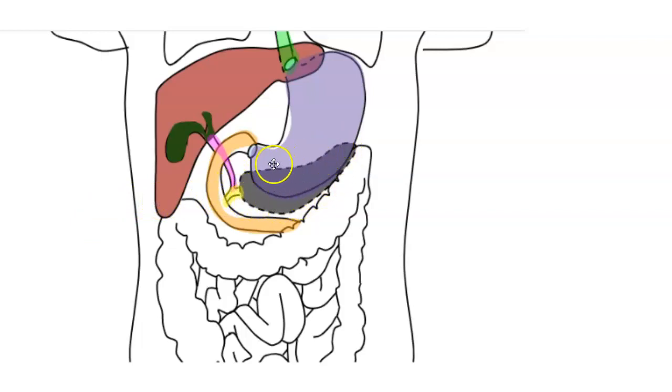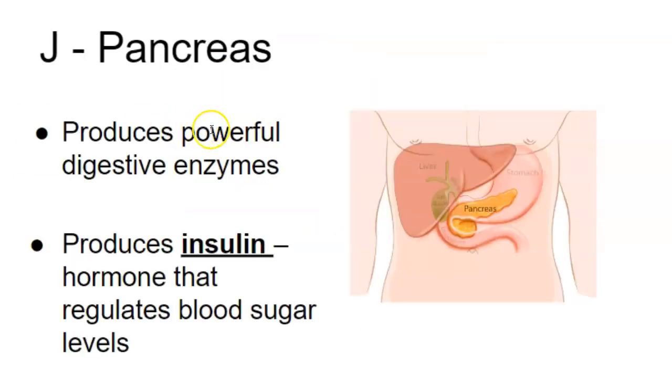But we also have this guy underneath the stomach. This is the pancreas. And the pancreas makes a lot of enzymes. Really, really powerful ones. So it too is going to send its enzymes to the small intestine, the duodenum, where it's going to help digest stuff. You may also know that the pancreas is what's producing insulin. Insulin's what we need in order to allow sugar into our cells.